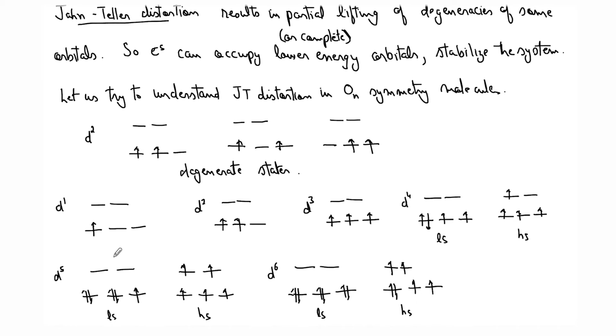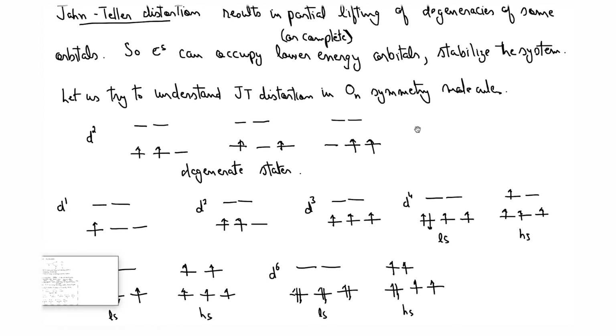Okay. Now for D7. So D7 will have 5 plus 2, 7, and then there is another possibility for D7 which will be low spin. I drew high spin first here. This is low spin.